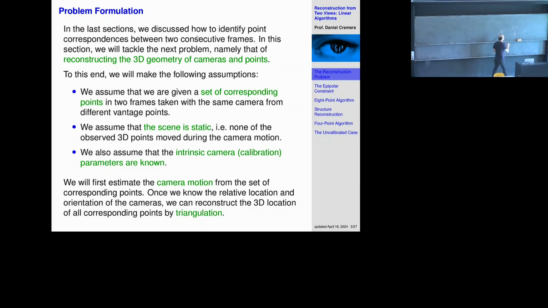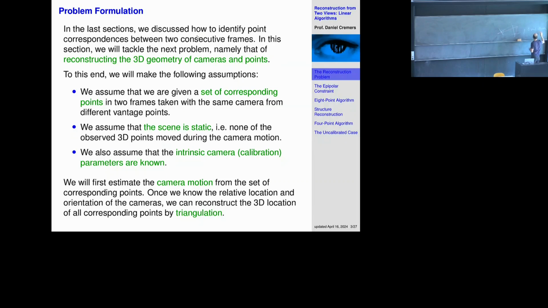And so we have that for a number of points, and one of the algorithms we'll discuss in this chapter of class is the so-called 8-point algorithm. This was kind of the culmination of what we discuss, the very famous 8-point algorithm.